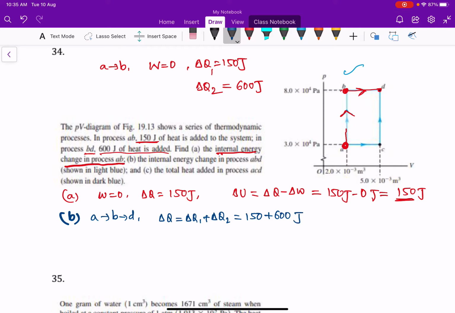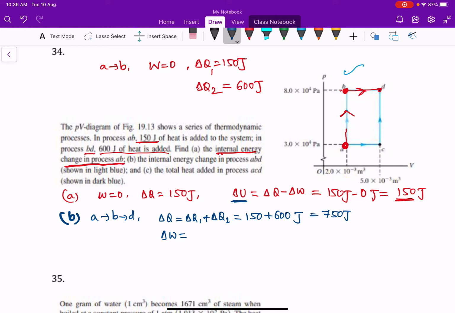So total heat energy supplied is 750 joules, and we need to find the work done also in order to find the internal energy.